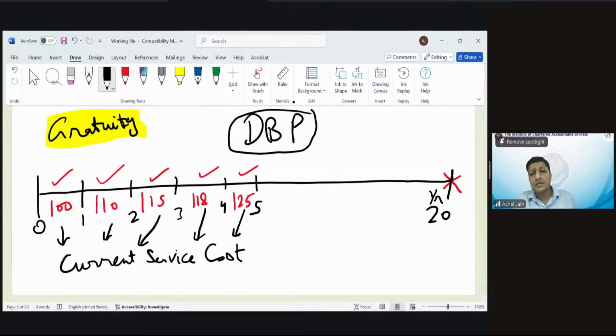Sometimes what may happen is, say we are somewhere in the 5th year. Now what the employer has done is, the employer has changed the policy. So every year, the employer is saying the contribution should be 125.